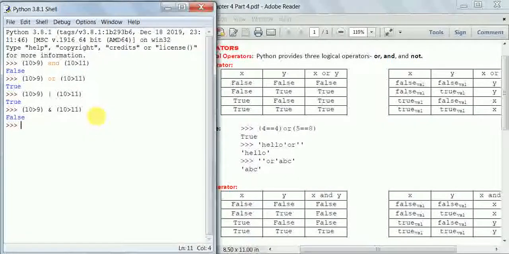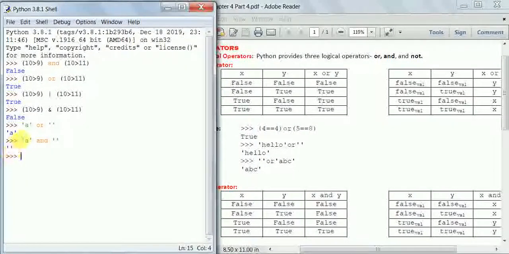Now next, suppose I give the value A and then OR blank, where blank means the false value. It gives the output as A, and if I write AND instead of OR, it will give the false value, that is the blank one.